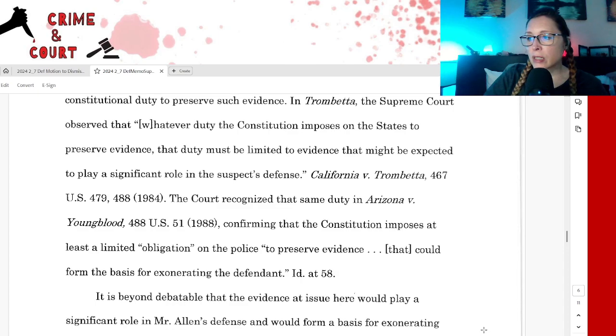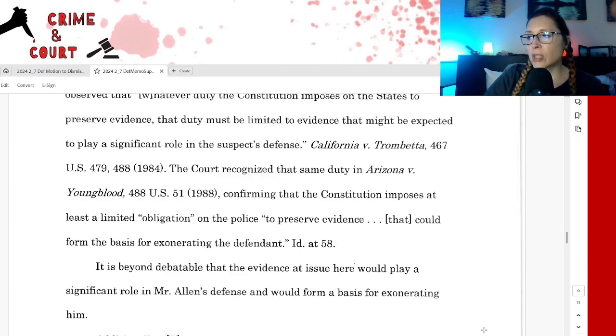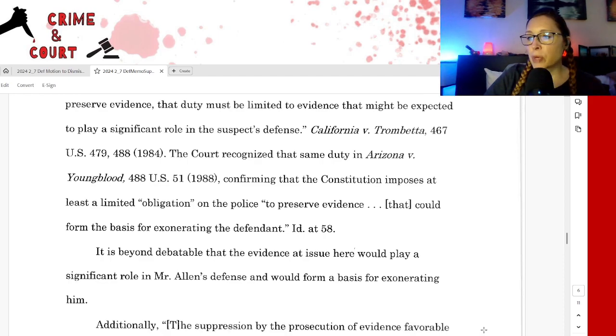The court recognized that same duty in Arizona versus Youngblood, confirming that the Constitution imposes at least a limited obligation on the police to preserve evidence that could form the basis for exonerating the defendant.